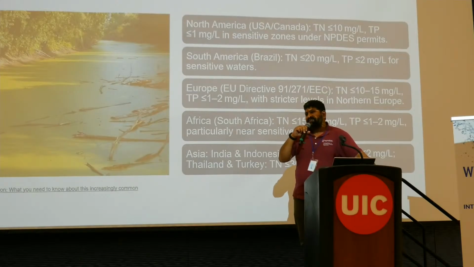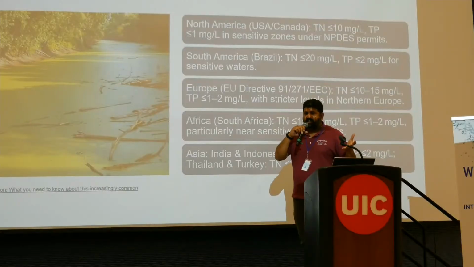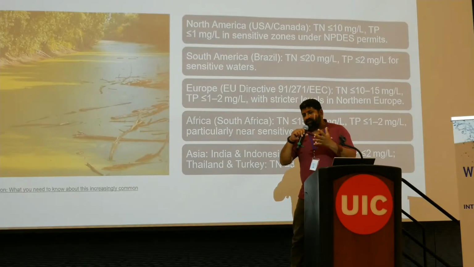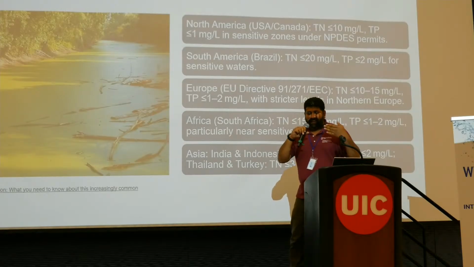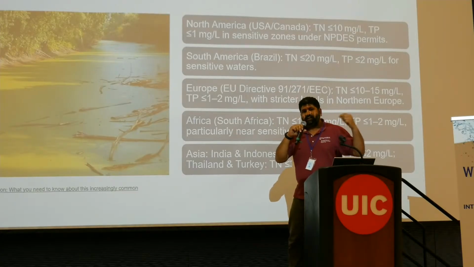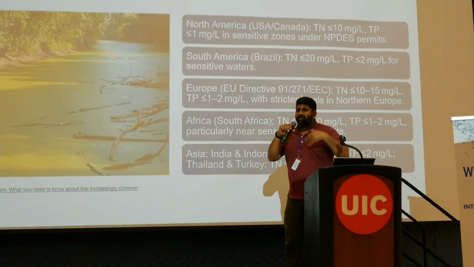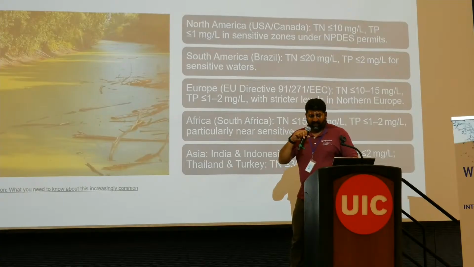One category is less than 10 milligram per liter, but there are some places where the total nitrogen is as high as 30 milligram per liter, and phosphorus goes the same way. It can actually go higher or lower. So the key element is that one technology, one limit, which applies at one plant may not be applicable for other facilities. So you need to be cognizant of that aspect.